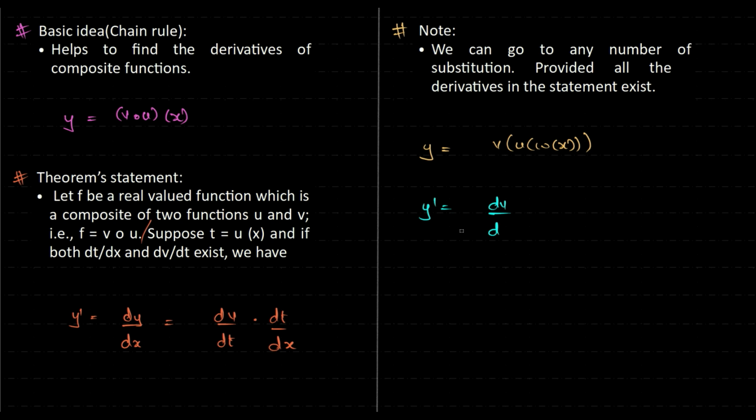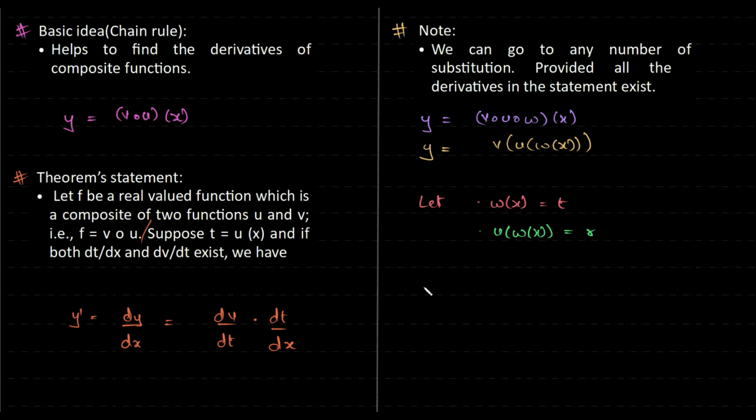Let me do that for you guys. So y is a composition of so many things. So we will call w of x as t, and u of w of x, as an overall thing, as say r.